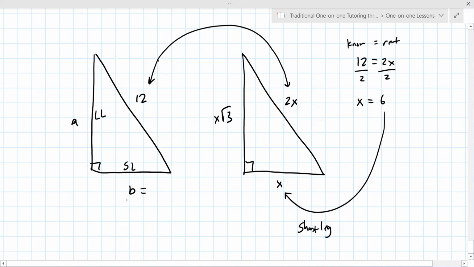So in your problem, B is the short leg, and B is the value of 6. And notice that if you double this, or go the other way, you take half of it, you can go back and forth between them.